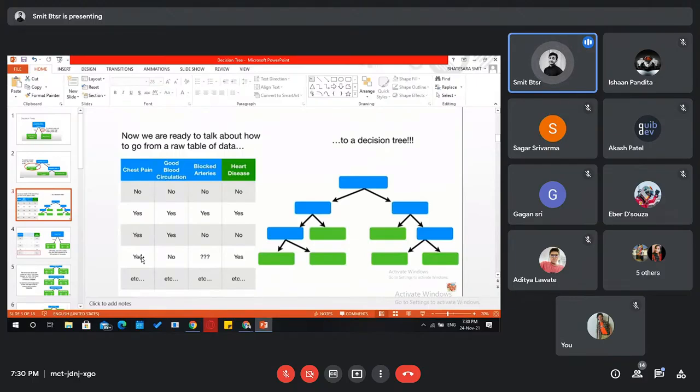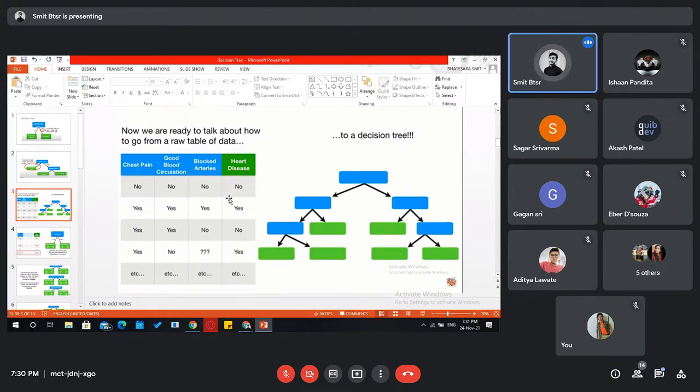If someone was just punched, then his or her chest might be paining, but it doesn't mean all the time that it would be heart disease, right? So there are different cases of patients, and we have to interpret all of them. We cannot interpret all of them at once, right?